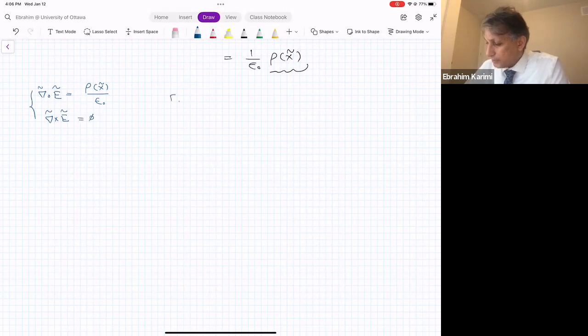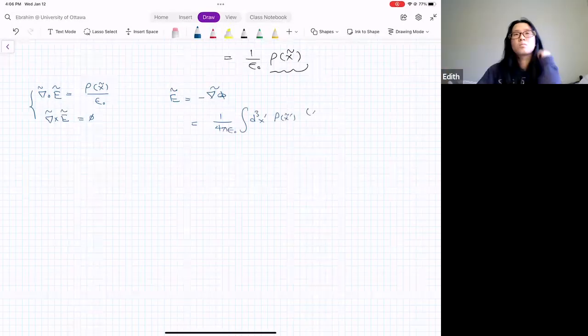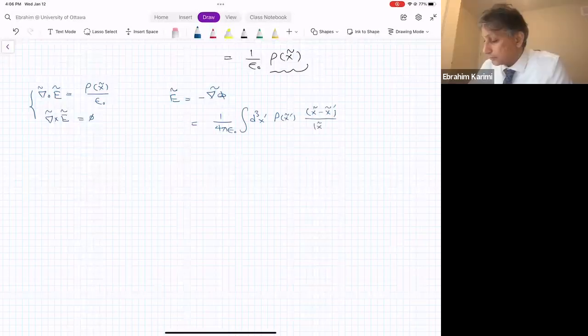And remember that E was minus gradient of phi, and E was 1 divided by 4 pi epsilon naught integral of d3x prime rho of x prime (x minus x prime) divided by |x minus x prime| to the power of 3.